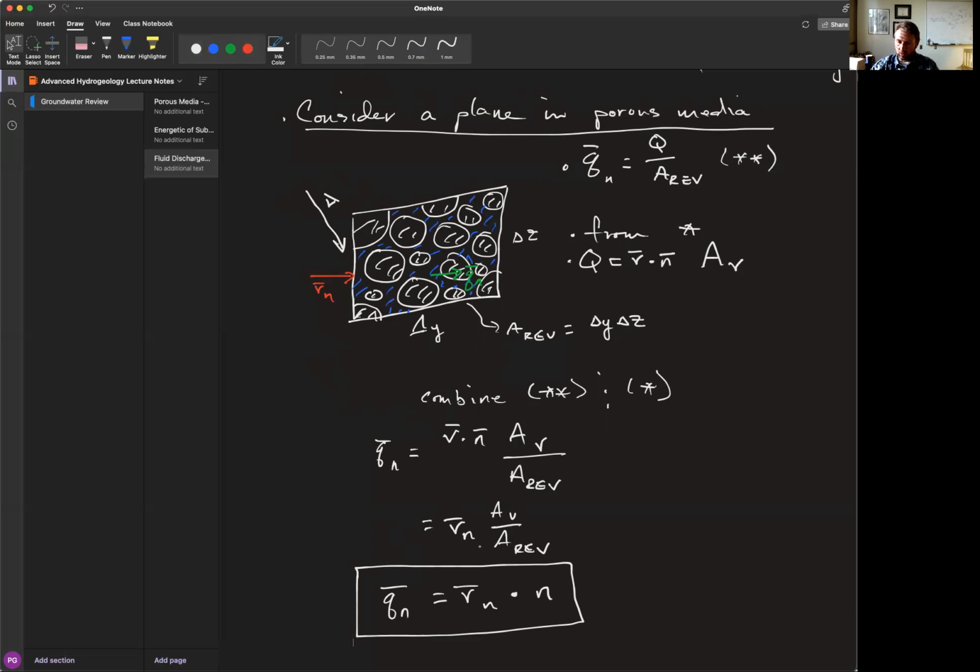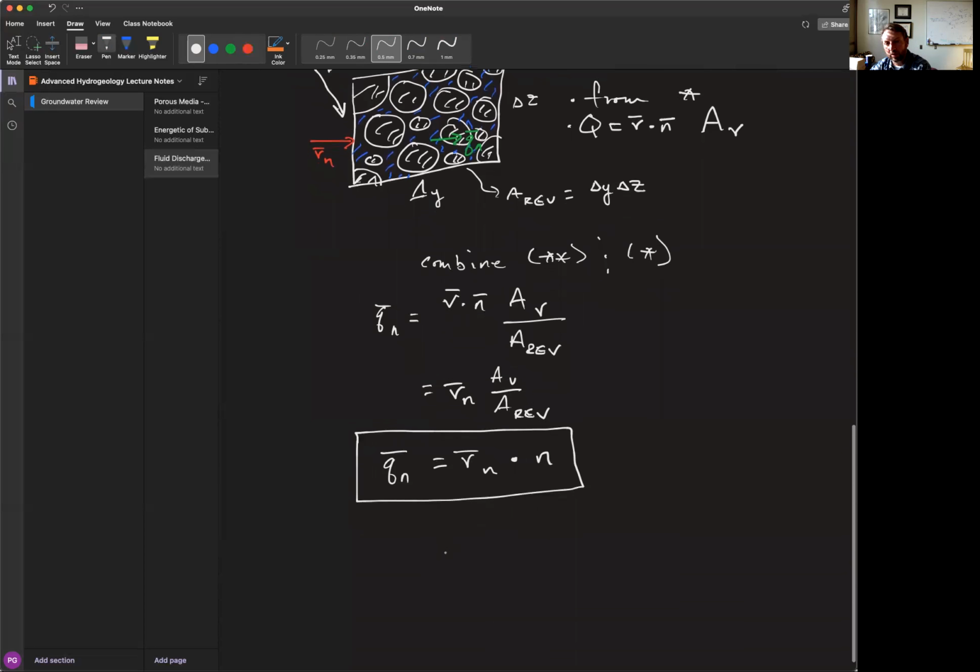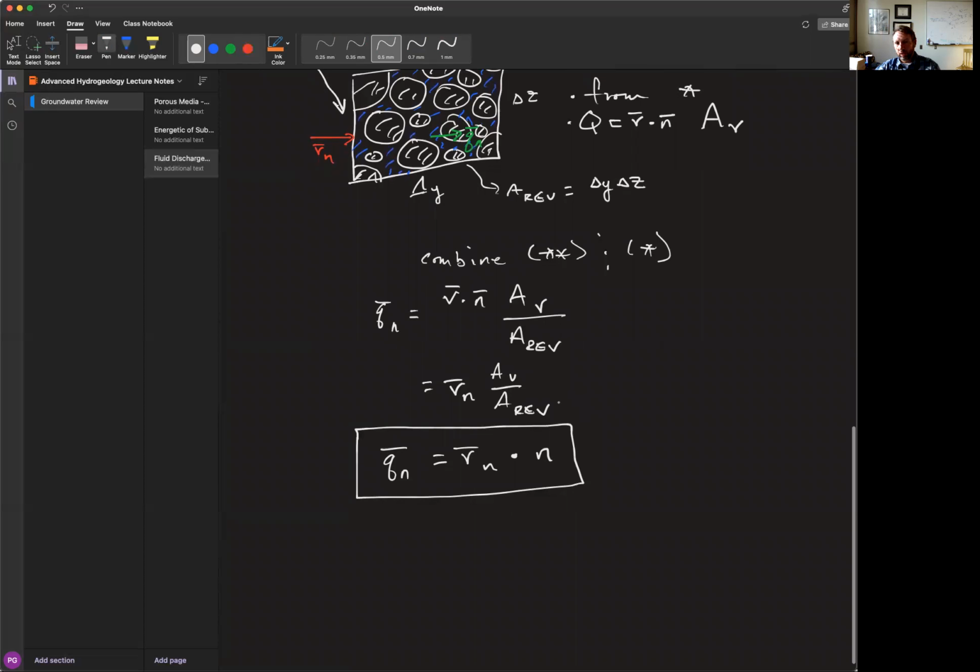It's important to note that the fluid flux or the discharge per unit area of REV is not equal to the fluid velocity. It is equal to the fluid velocity times the porosity. All right, let's think about the relative magnitudes. If porosity is the ratio of the volume of voids to the total volume, porosity is always less than 1.